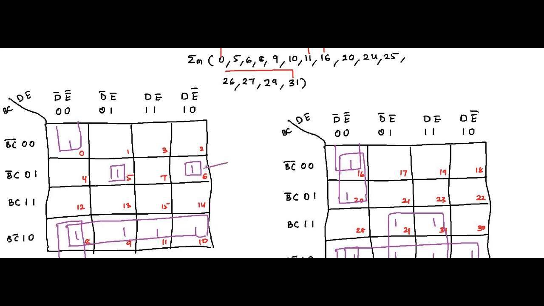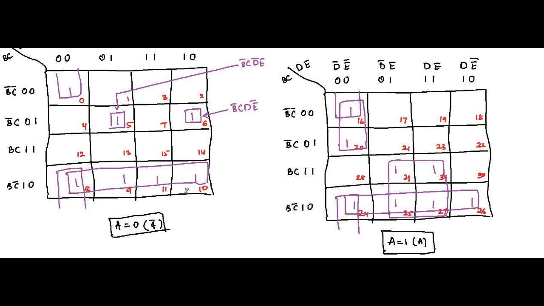For this single member group, it is B bar C on the horizontal side, D E bar on the vertical side. For this single member group, it is B bar C on the horizontal side, D bar E on the vertical side. Then for this quad, it is B C bar, only the horizontal side is common.